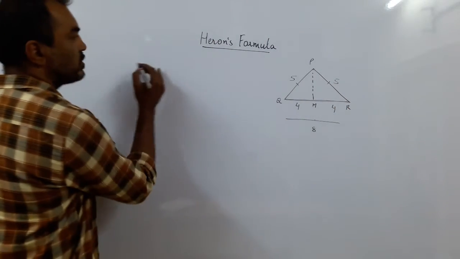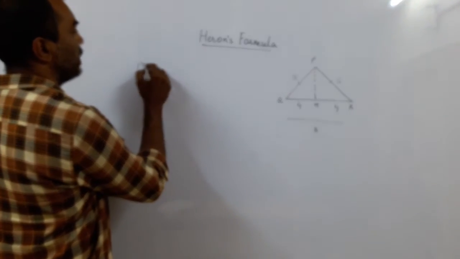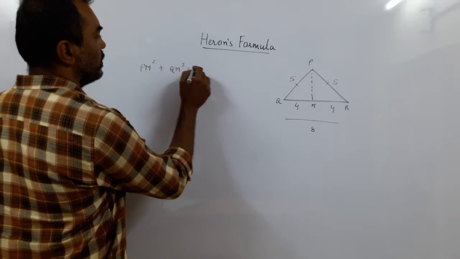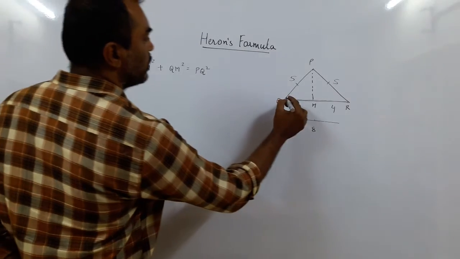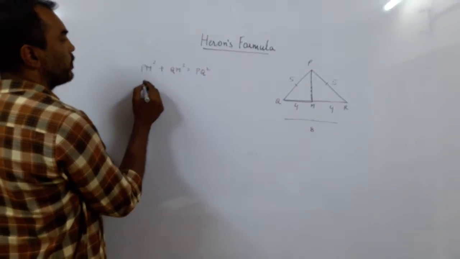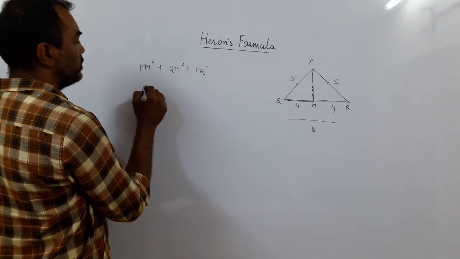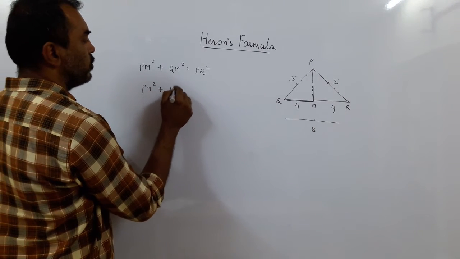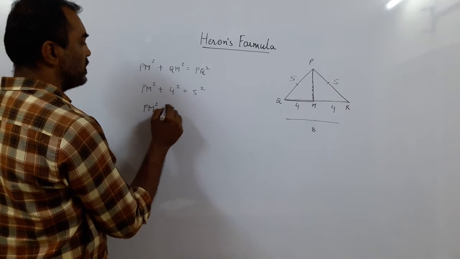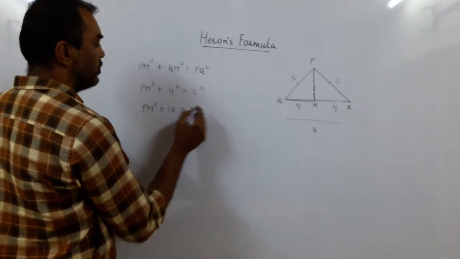So by Pythagoras theorem, what do you have? PM square plus QM square equal to PQ square. So we have PM square plus 4 square equal to 5 square, or PM square plus 16 equal to 25.